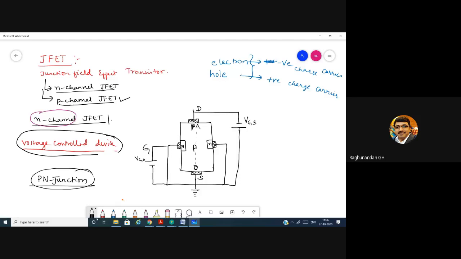Now explain the operation. Initially, VGS is 0. During that time, what happens?